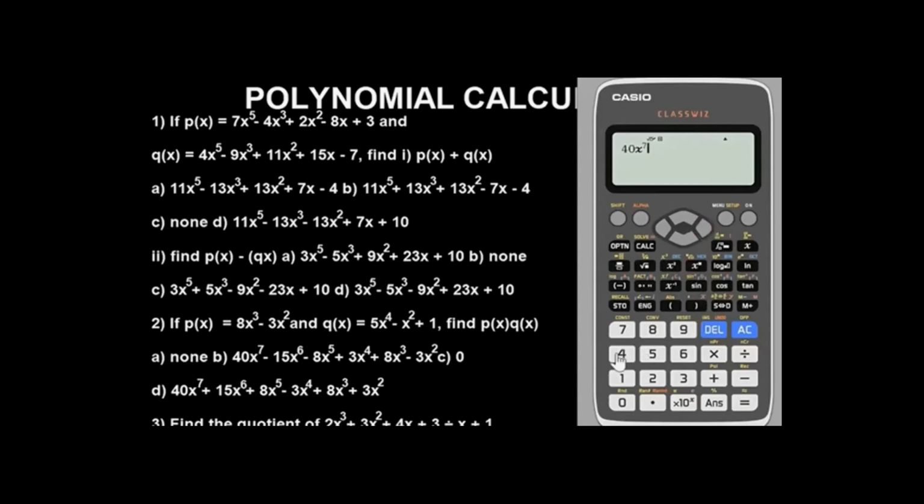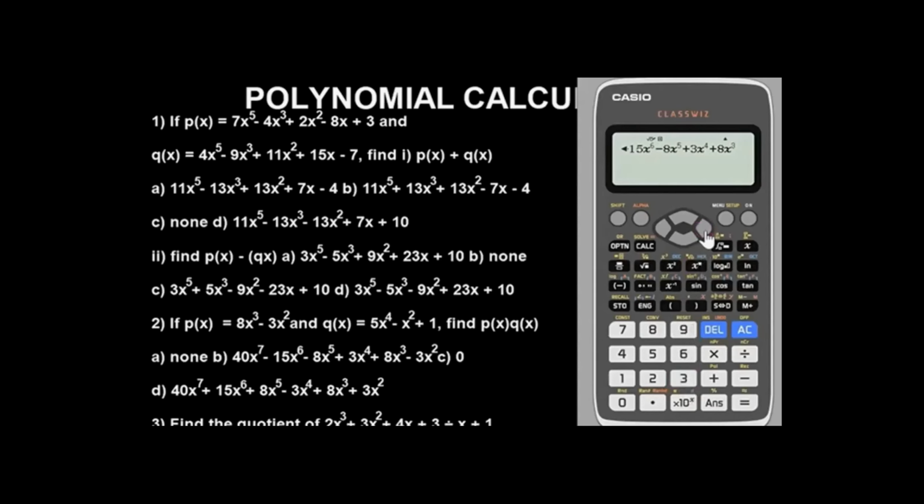I wish somebody would be calling this out for me, so I'd be very, very fast entering it here. Minus 15x raised to power 6, minus 8x raised to power 5, plus 3x raised to power 4, plus 8x plus 8 raised to power 3.